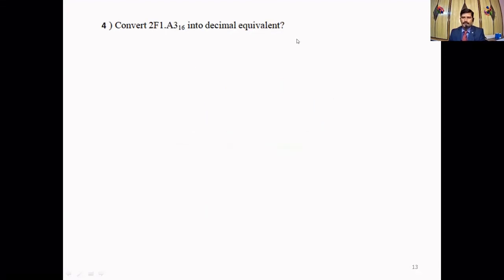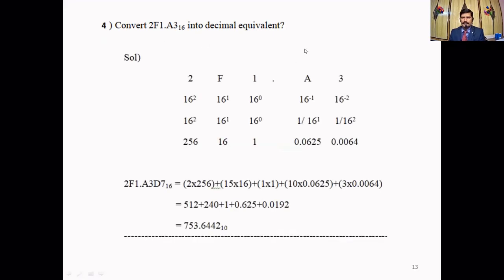A hexadecimal number is given to convert to decimal. Again, positive powers and negative powers. Let us see. So 2F1, this is the first point we need to write. And here positive powers and negative powers. Find out the values and multiply with 2, F into 16, 1 into 1, like that.